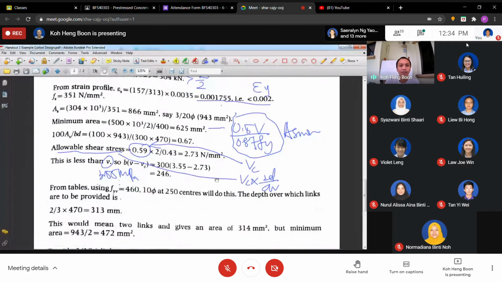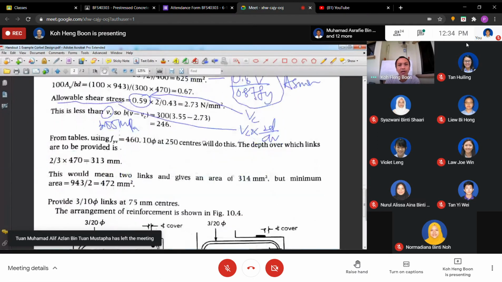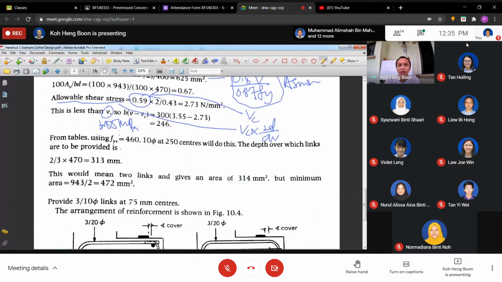After this, we are going to check for the shear and design for the link. We calculate the VC. What is the VC equation?